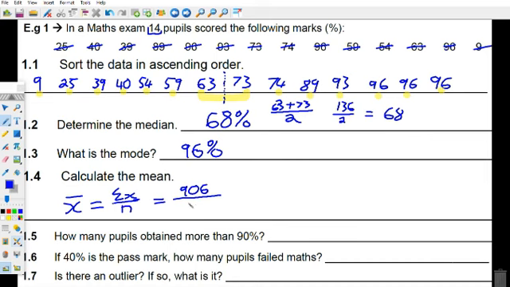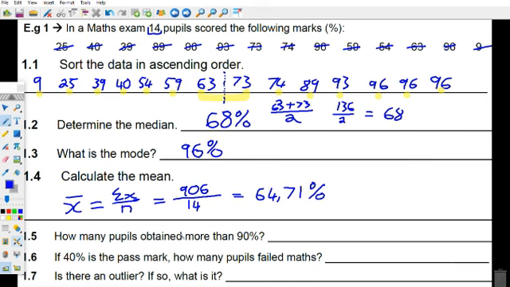The number we're going to divide by is 14 because there are 14 students. So we're going to get an answer of 64.71, to two decimal places, percent.